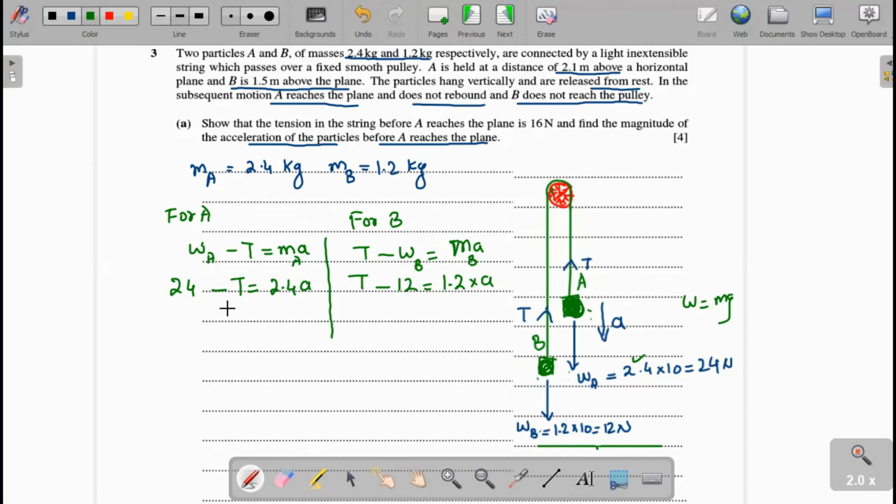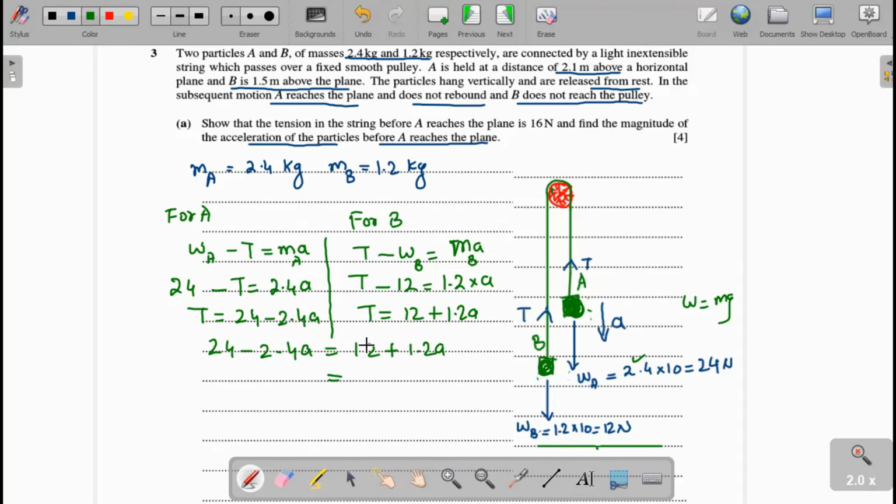Now this equation becomes T will be equal to 24 minus 2.4a, and that is equal to 12 plus 1.2a. Now we solve it simultaneously. Now 24 minus 2.4a will be equal to 12 plus 1.2a.